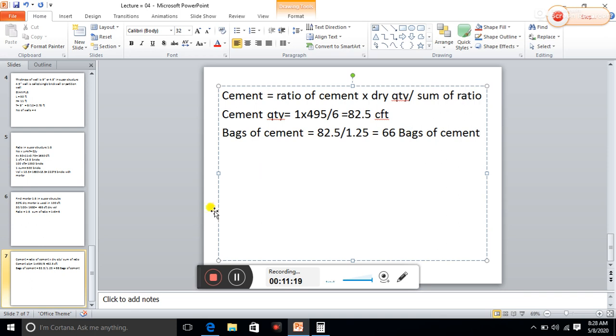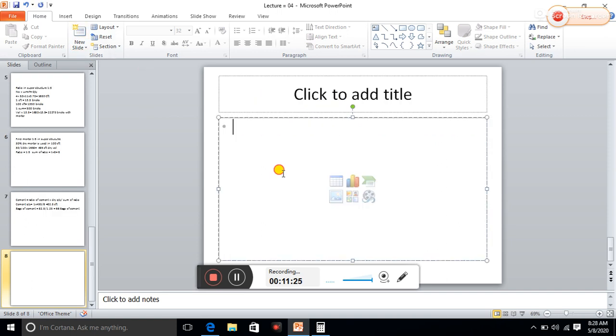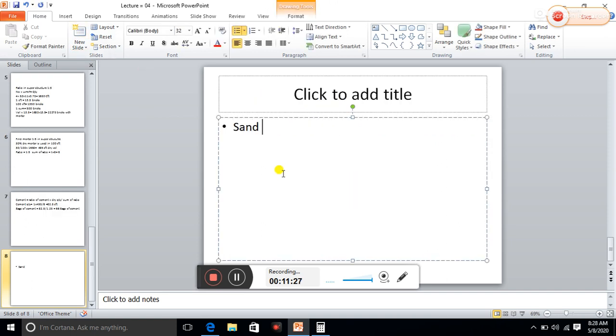Now we will find sand quantity. For sand we have the formula: ratio of sand multiplied by dry quantity divided by sum of ratio.